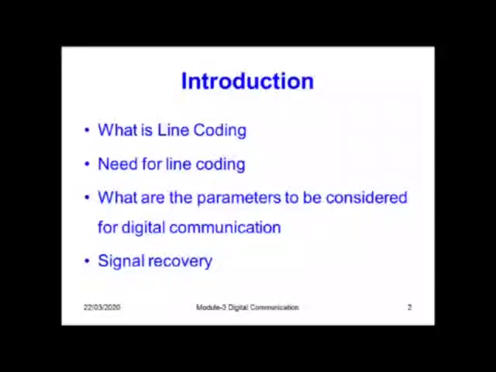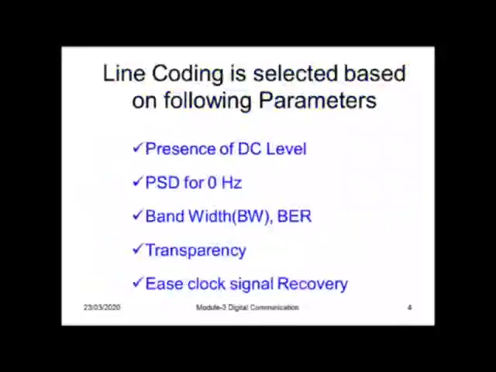the choice is generally made on the grounds of one or more of the following considerations: presence or absence of the DC level, power spectral density, particularly its value at 0 Hz, bandwidth, bit error rate performance.